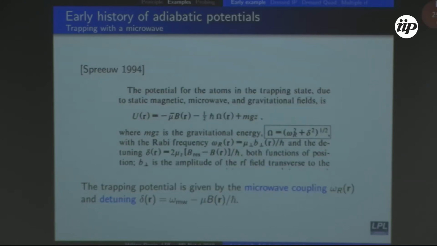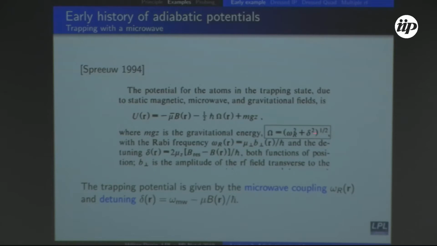And so the main idea is, again, that you should understand this as a potential, okay? And the Rabi coupling, which I call big omega myself, they call little omega r. So here you should read big omega r squared, okay? And so this is the same expression.